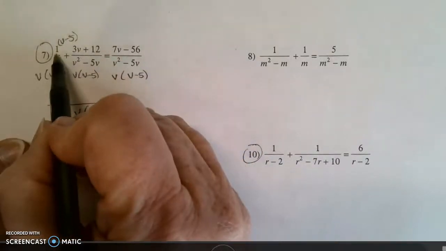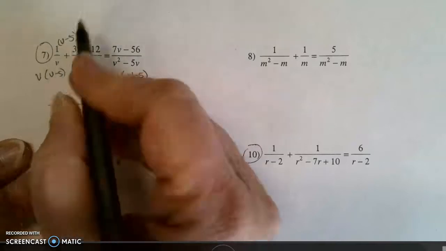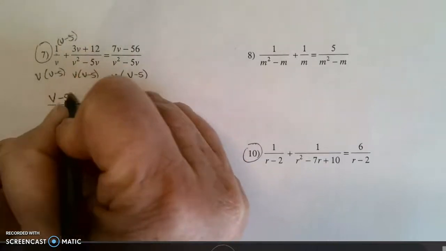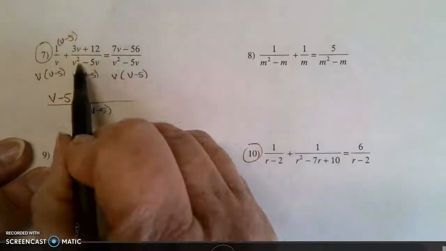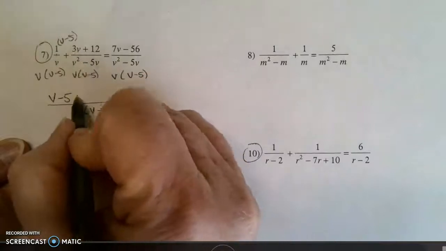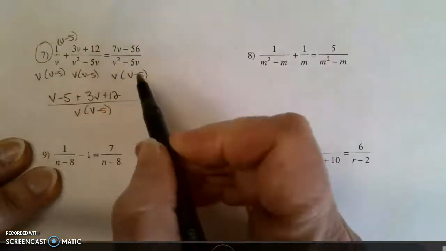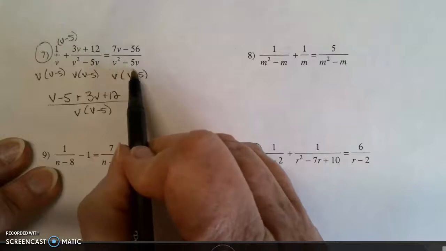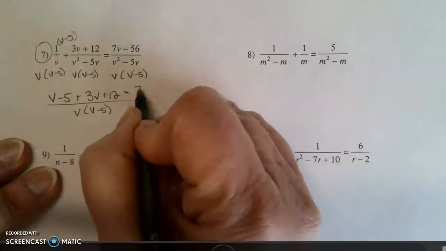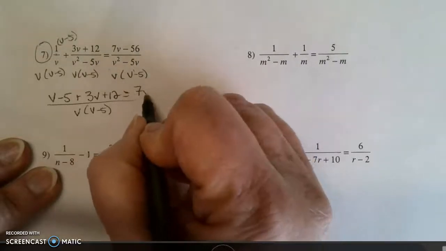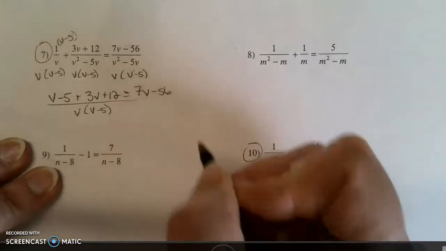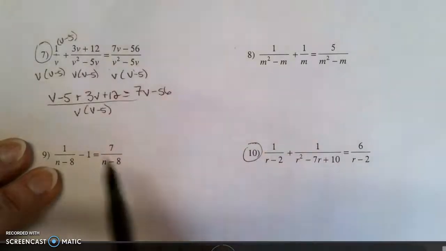So here, 1, and it's a positive, times v minus 5 gives me v minus 5. I don't need anything here, so I'm just going to write my numerator, 3v plus 12. And I don't need anything here. So that equals 7v minus 56. Now I'm just going to solve my numerator.